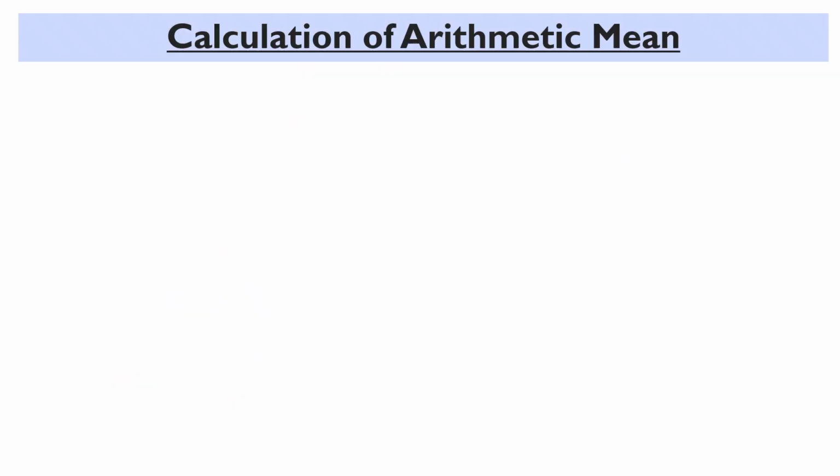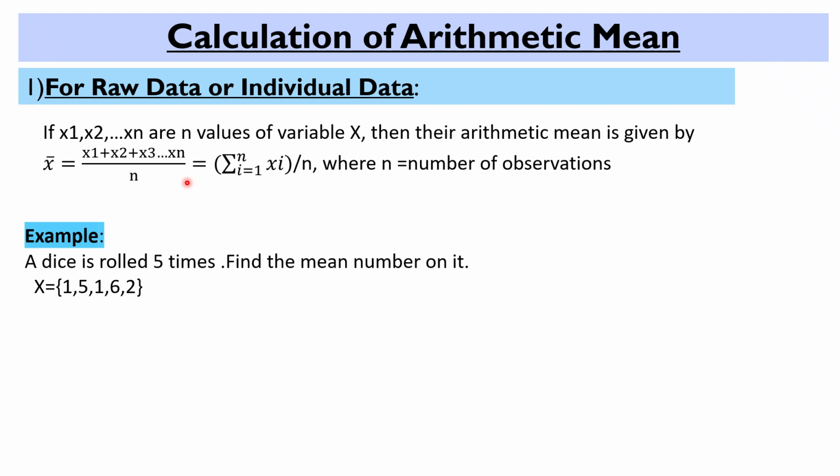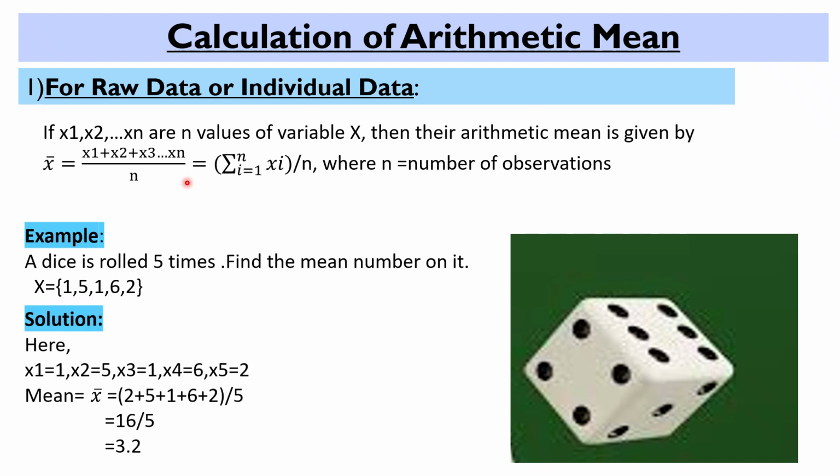Let us calculate the arithmetic mean for raw data or individual data. If x1, x2 till xn are n values of a variable x, then the arithmetic mean is given by x1 plus x2 till xn upon n. For example, if a die is rolled 5 times and we want to find the mean number on it, then x1 is 1, x2 is 5, x3 is 1, x4 is 6, x5 is 2.